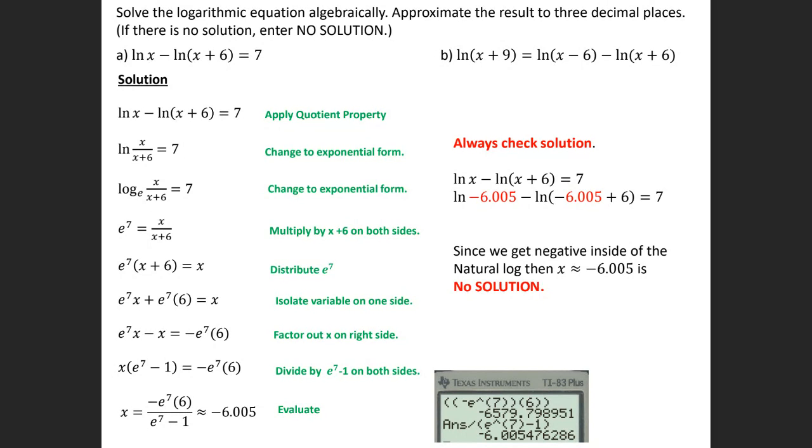As we mentioned in the last class, we cannot evaluate negative logs. We're going to get an error on our calculator. So on this particular problem, we're going to write no solution, because we cannot use negative values inside our logs or natural logs. So we did have an example of no solution.